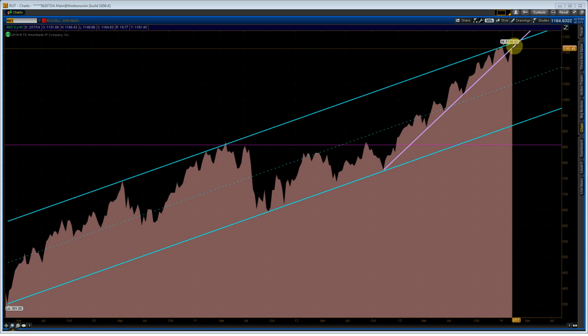Generally, the warning sign for an exit. And like I said, this past week we did not close down from the prior week in the Russell 2000. So we would need a confirmation of this before we went and panicked and sold.